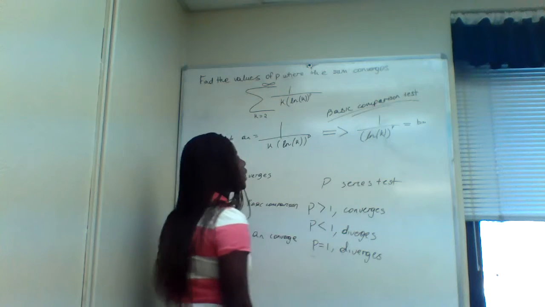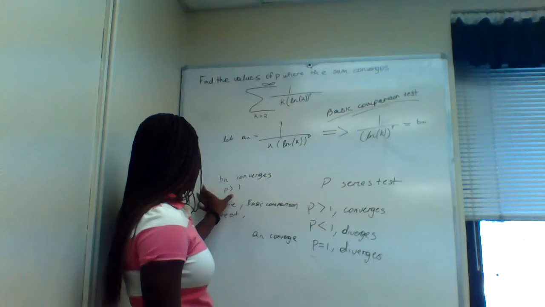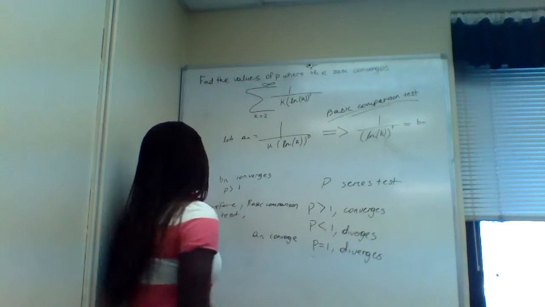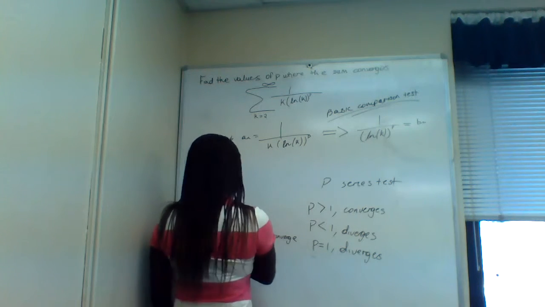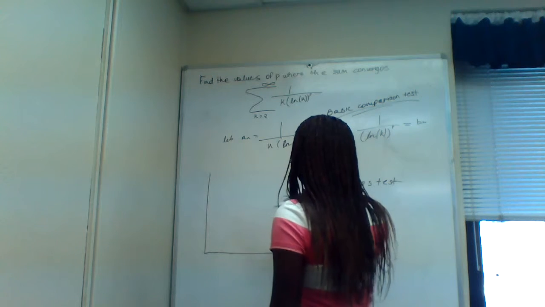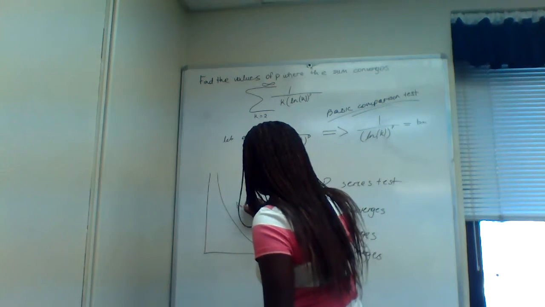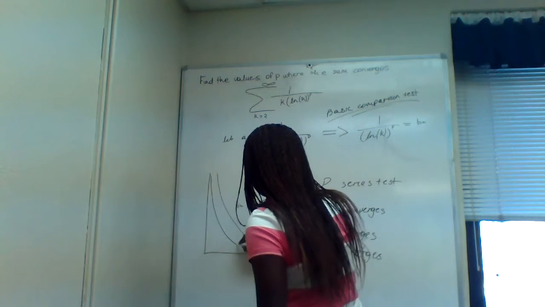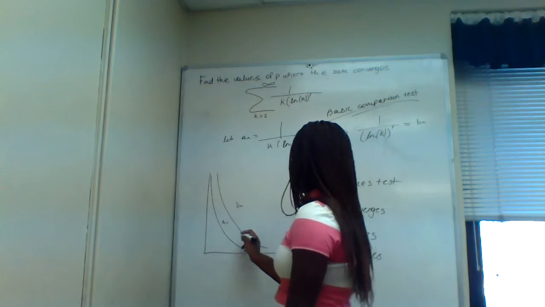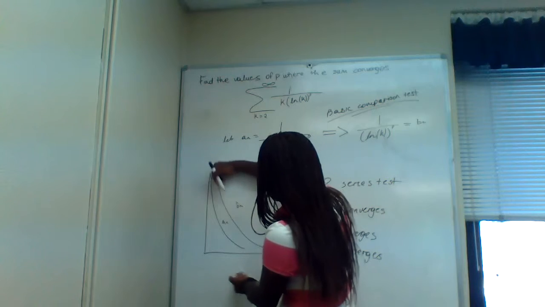Now, if p was less than or equal to 1, we would not be able to test whether or not it converges or diverges. The reason is that if we have b of n right here and a of n right here, you can only tell it converges because they're similar in the way they move.